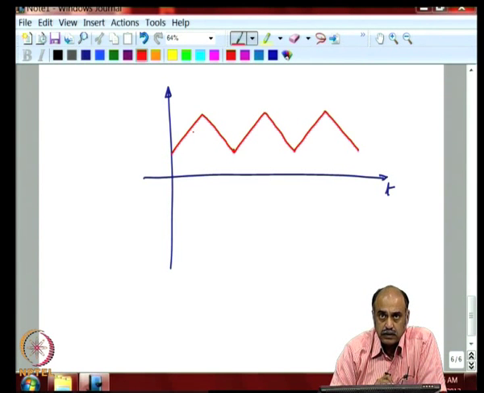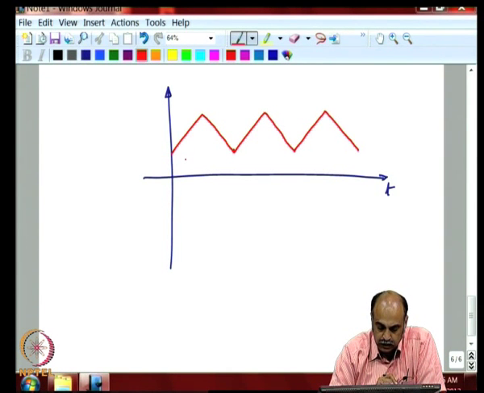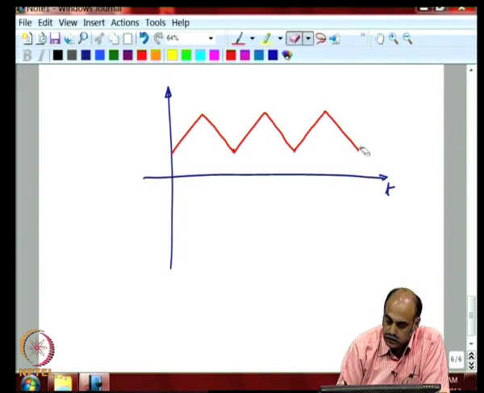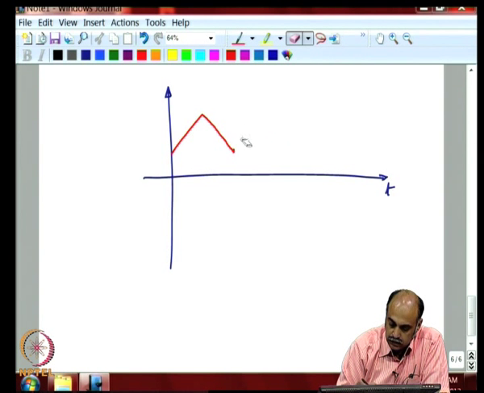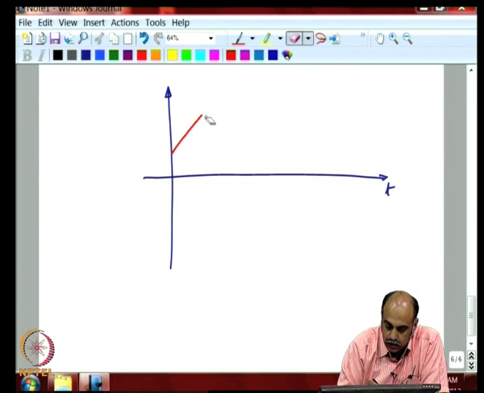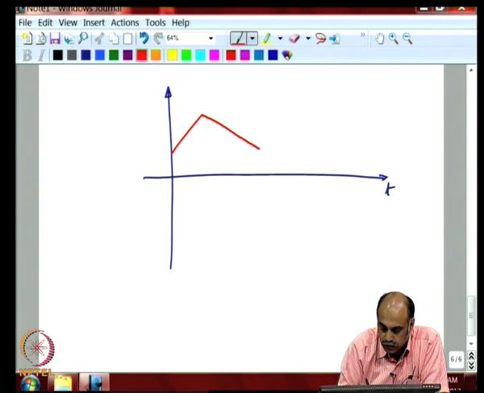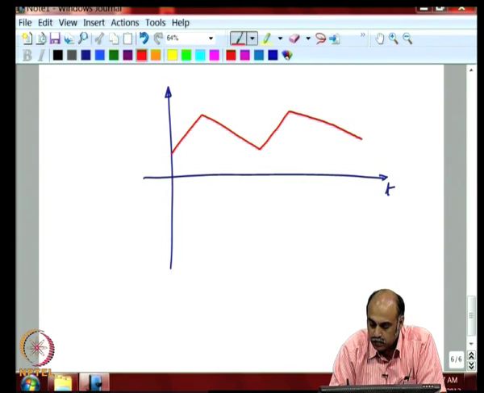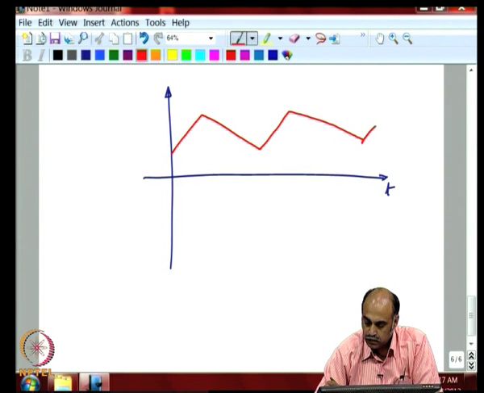Now, this is slightly 50% duty cycle. So, to see the effect, let us make the duty cycle less than 50%, which basically means that I will make the off time more, go up, and more off time, and go up, and so on.